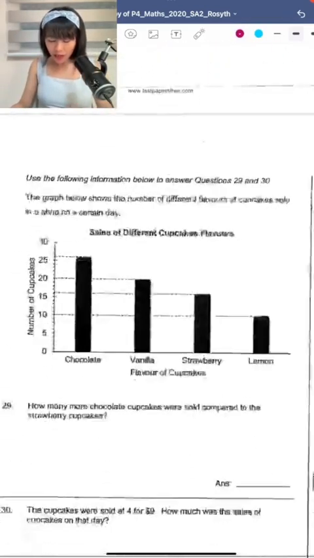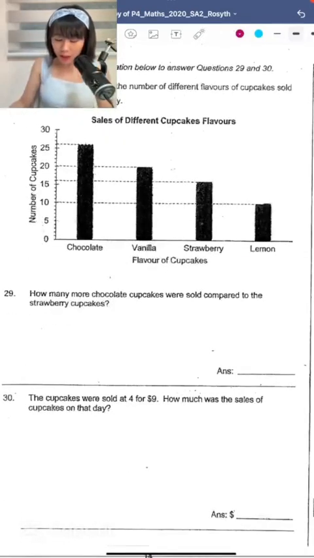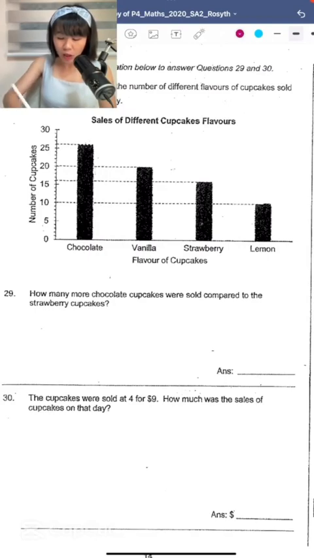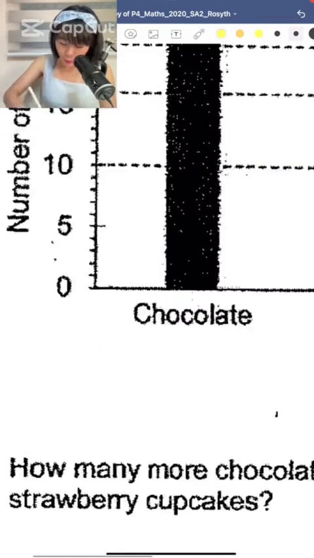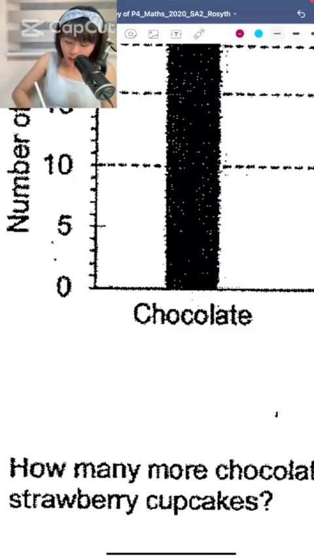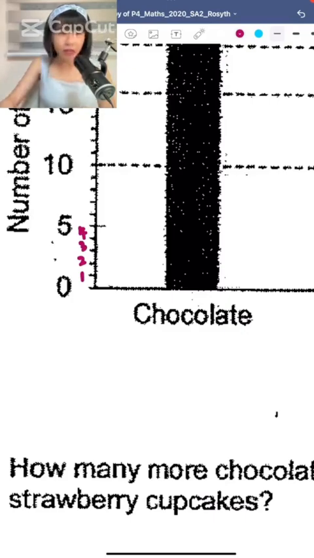Next one, we have a graph question. The graph shows the different flavors of cupcakes sold in a shop on a certain day. So chocolate, let's take a look at the axis here first. 1, 2, 3, 4, 5. Very nice axis whereby one interval is just 1, 2, 3, 4, 5, right?